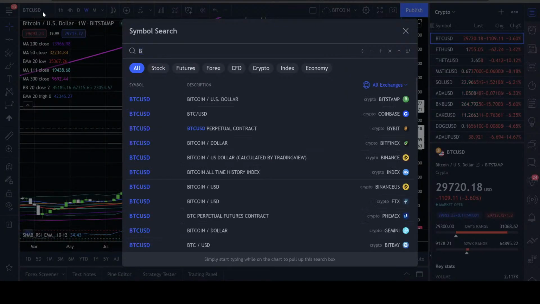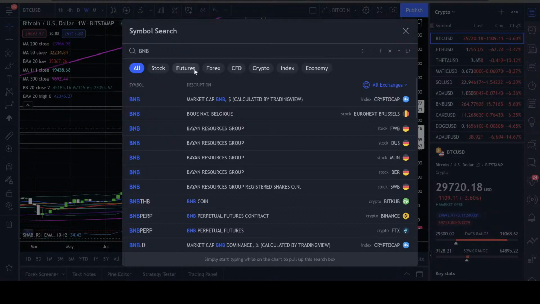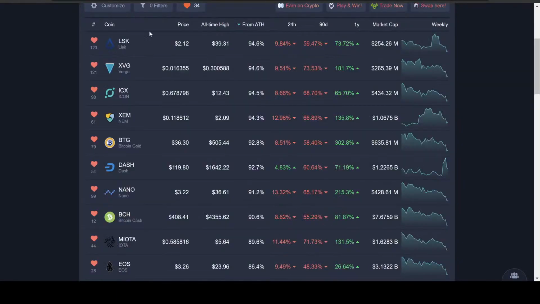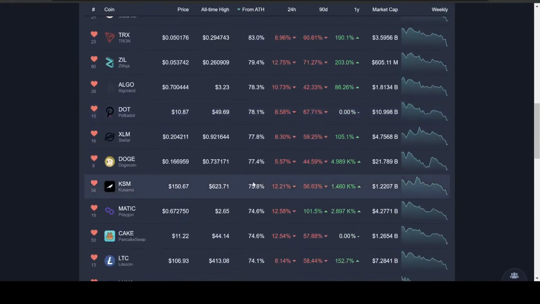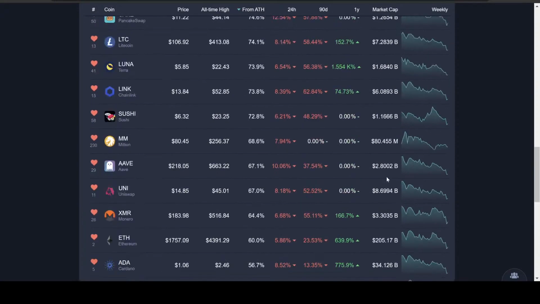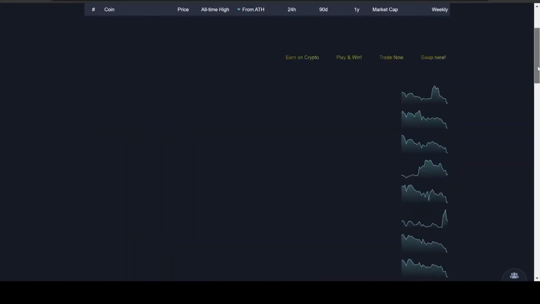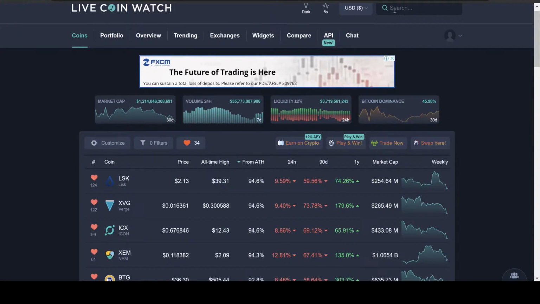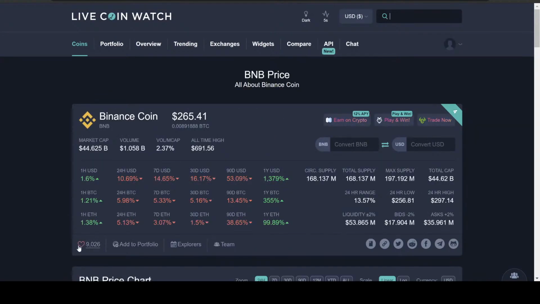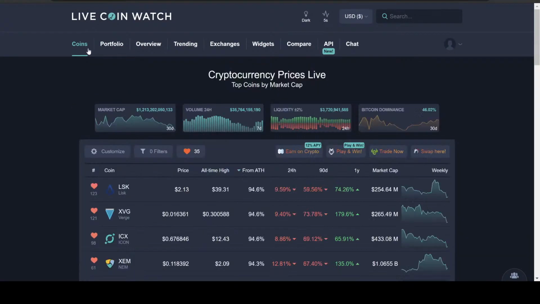Now let's have a look at BNB. Okay, USD. Let's have a look at BNB's drawdown first. I did not add that. Let me just add BNB quickly so you can check the drawdown.